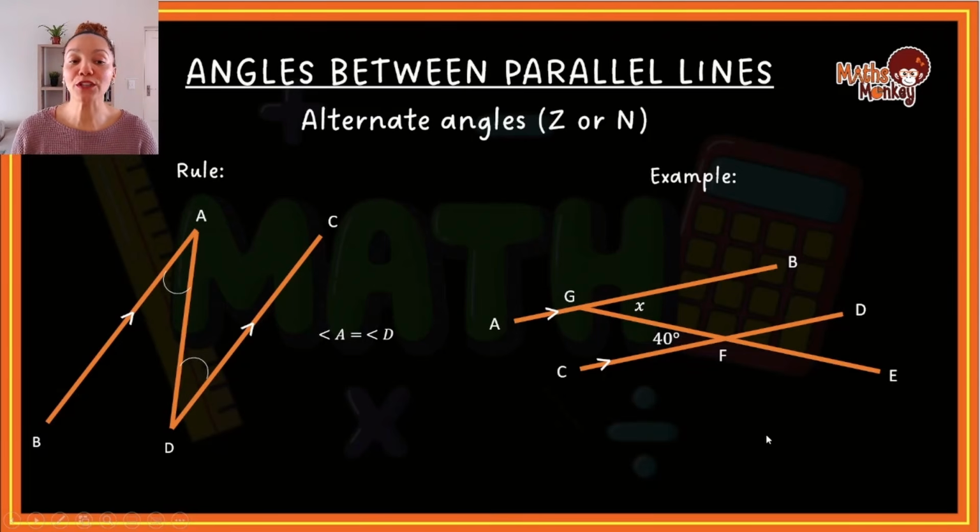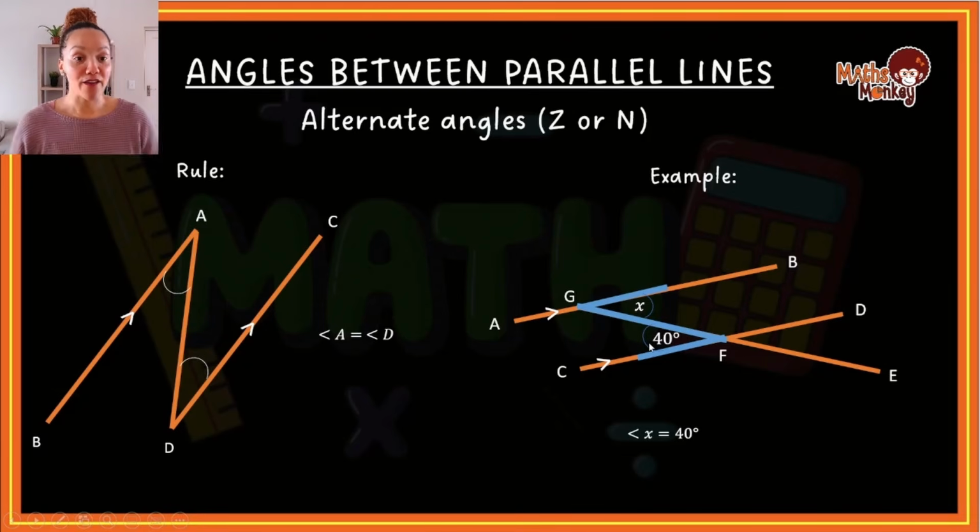So if I want to calculate x, I know I need to look for the Z or the N, and that means that the angles in the corners are equal to each other. So angle x is equal to 40, because we know based on the alternate rule that the angles in the corners are equal. If this one is 40, then x also has to be 40.